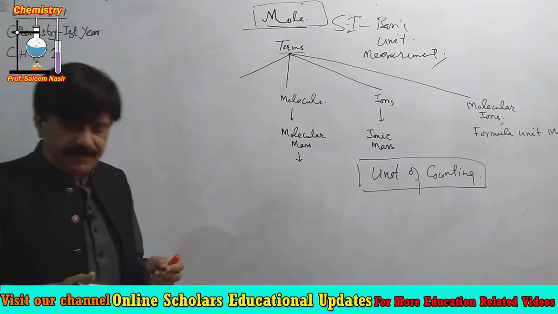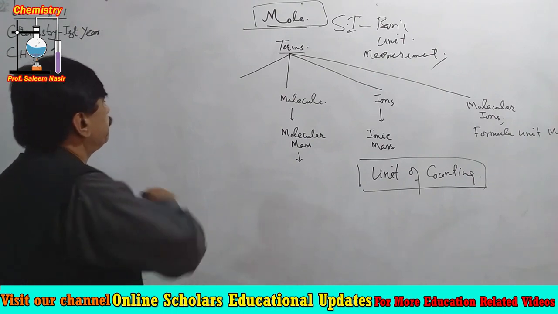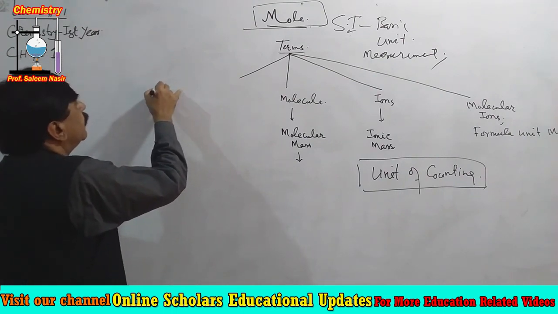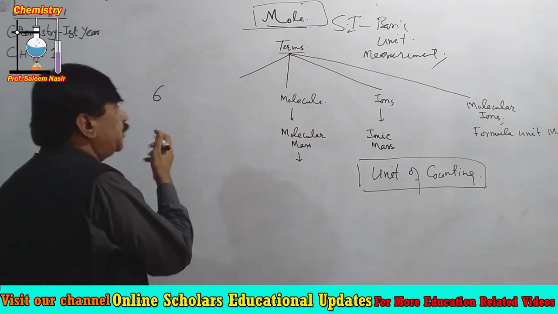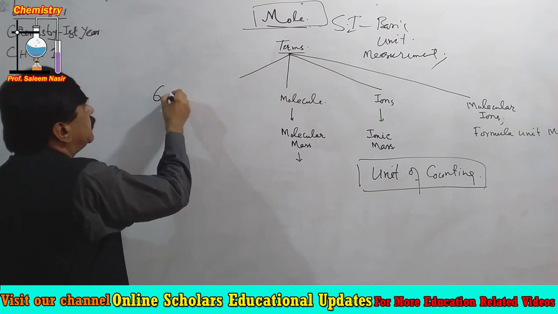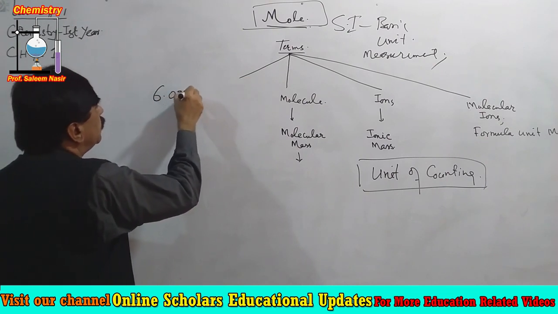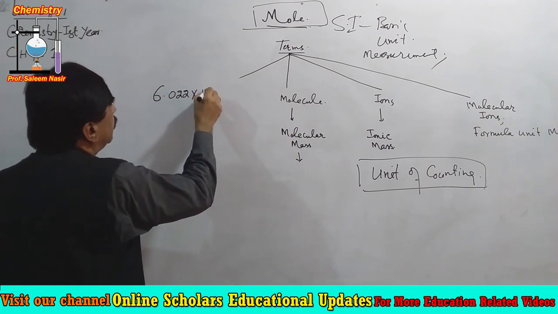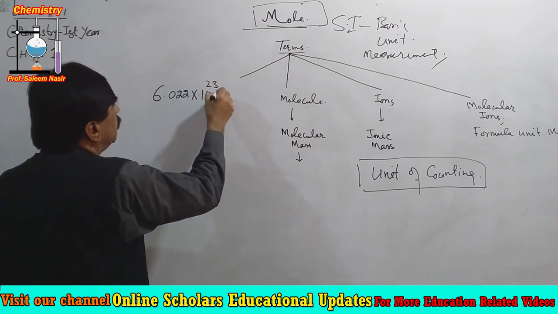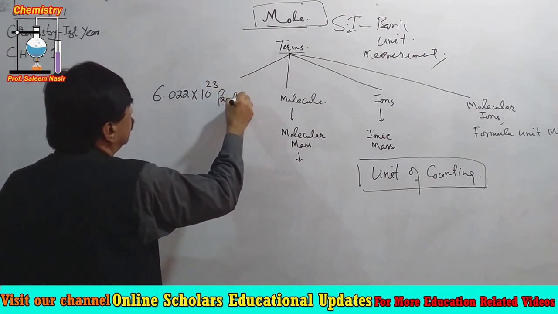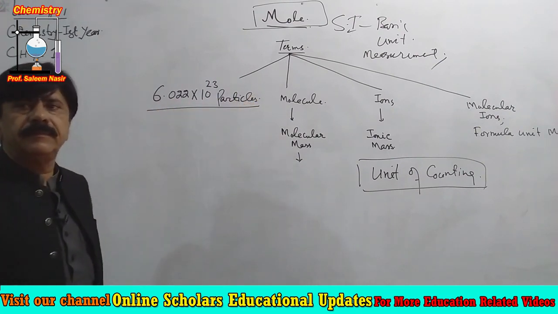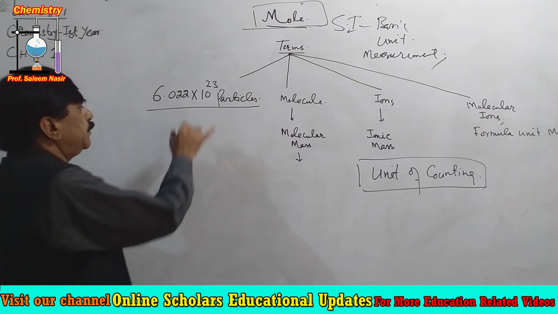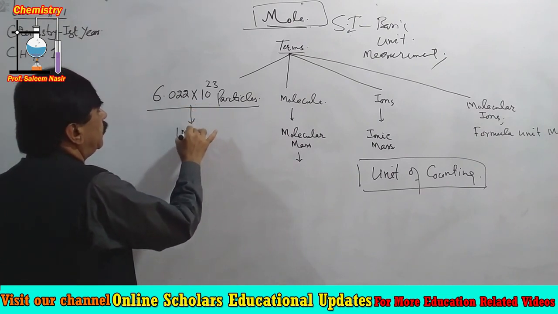It was said that the substance which contains 6.022 multiplied by 10 raised to power 23 particles will be the 1 mole.